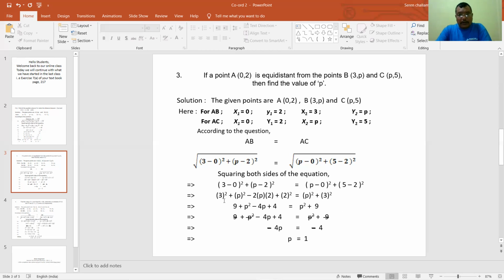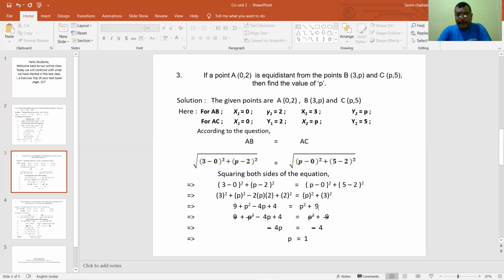Now 3 square we get 9, plus p square, minus 2 into 2 is 4p, plus 2 square we get 4. It is equal to p square, plus 3 square we get 9.